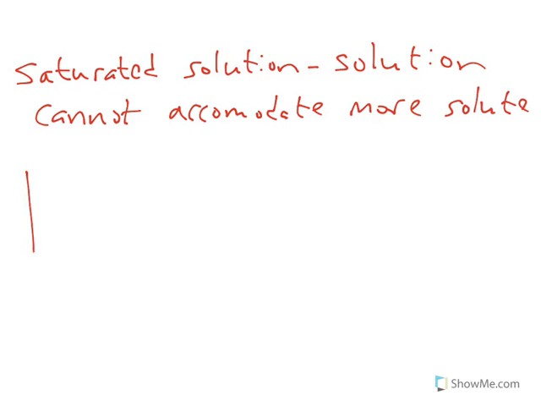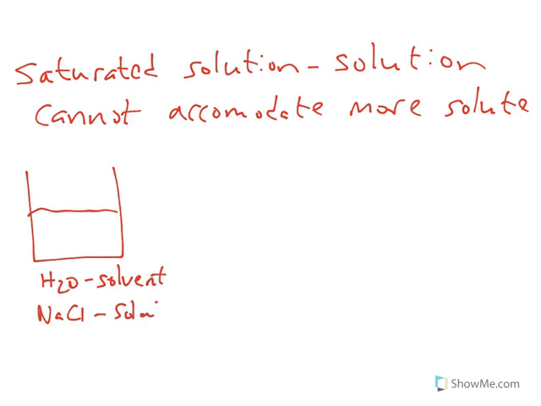All right. So what we could do here is we'd have a picture of H2O as our solvent, NaCl is our solute. All right. And if it were an unsaturated solution, it would be nice and homogeneous. You wouldn't see anything. It would just be crystal clear water.